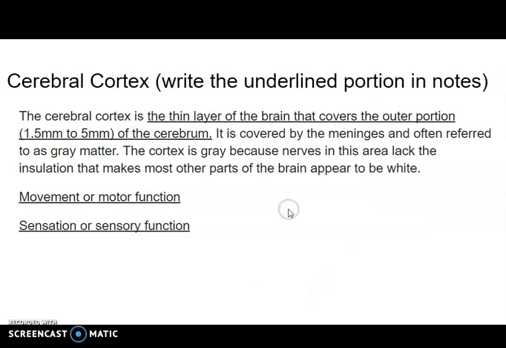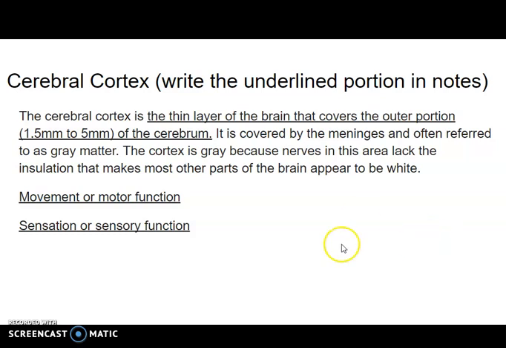All right. And so the cerebral cortex, you need to write in your notes the underlined portion we have here. The cerebral cortex is that thin layer of the brain that covers the outer portion of the cerebrum. It has meninges and gray matter. The cortex is gray.